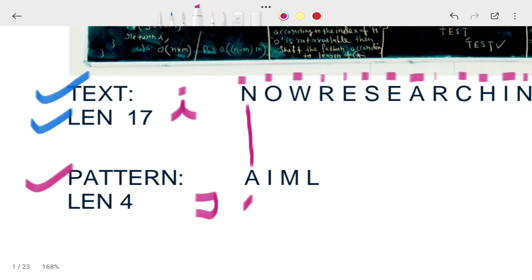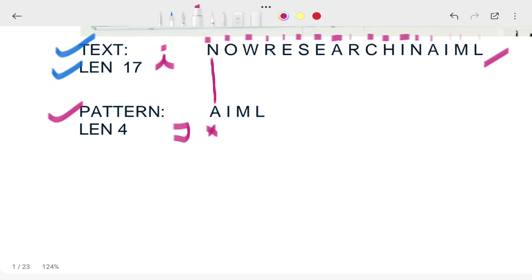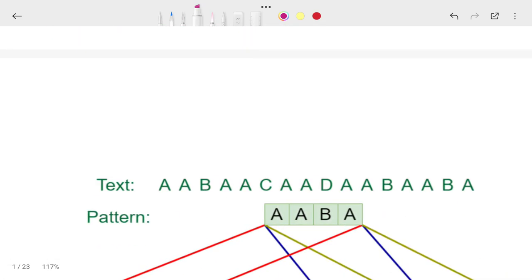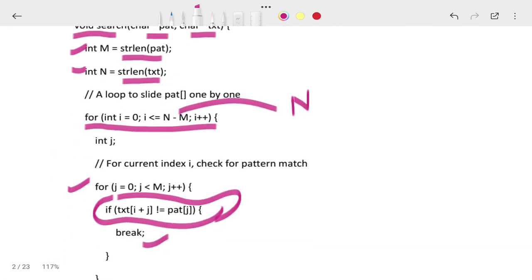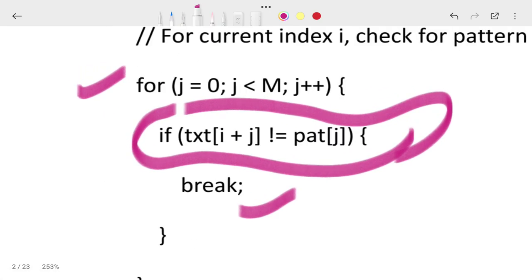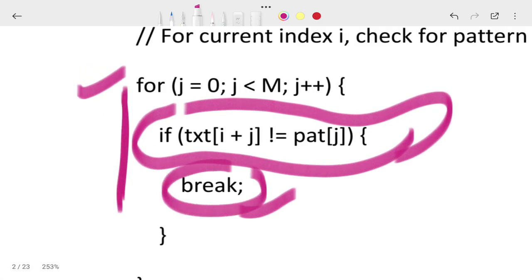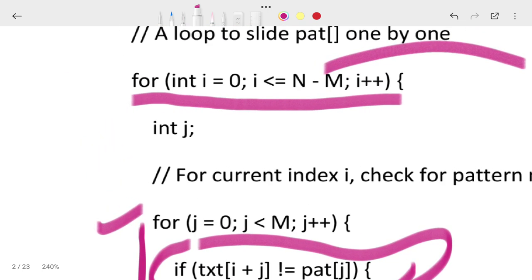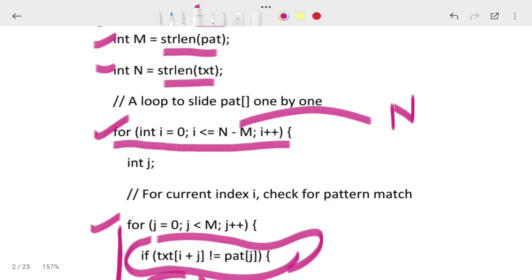No, both are not equal. You can see n and a are not matching. If both are not matching, it means break. Break means come out from this loop and increase the value, i plus plus.